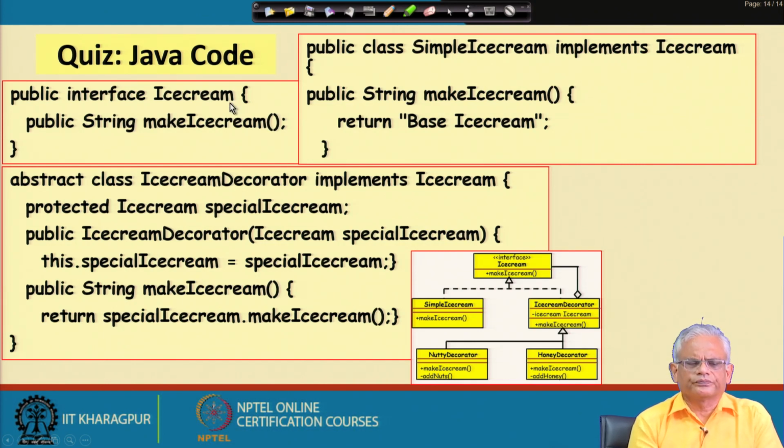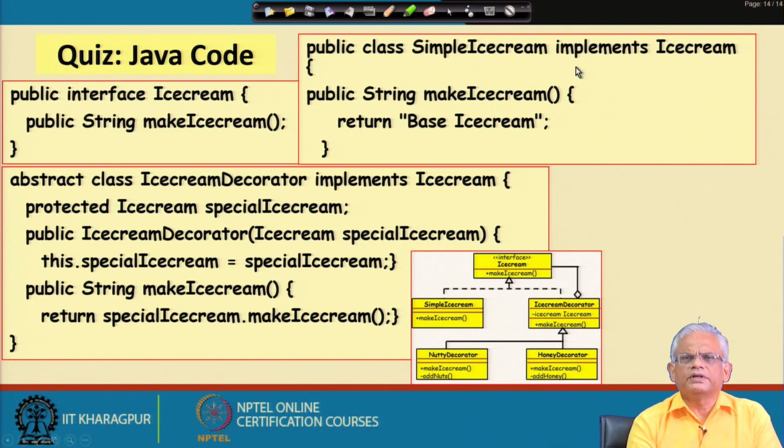Interface ice cream only has make ice cream. I have just written string here; instead of displaying a graphic, it will just write in terms of text.